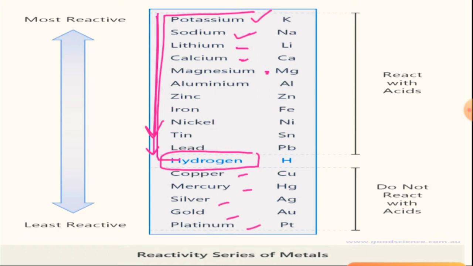So all the acids liberate H plus ions, meaning all the acids contain hydrogen. So this hydrogen is displaced by all of these metals because these metals are more reactive than hydrogen. But copper, mercury, silver, gold, platinum could not displace hydrogen from the acid. That means these metals could not react with acids.